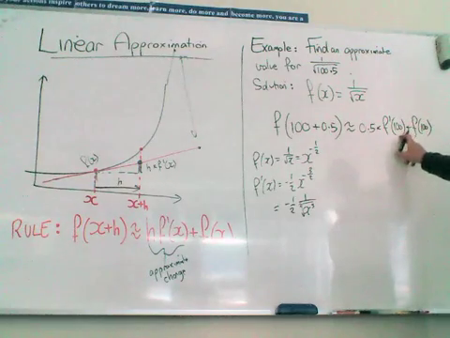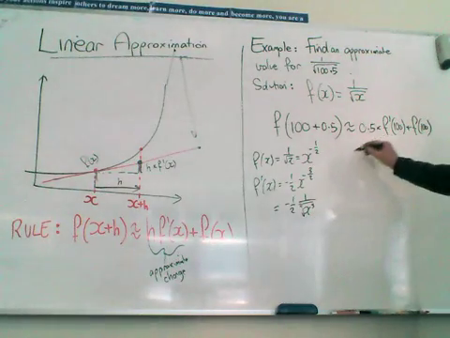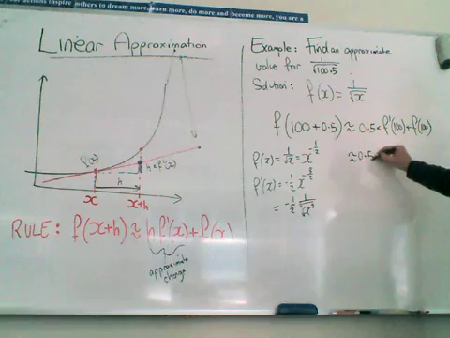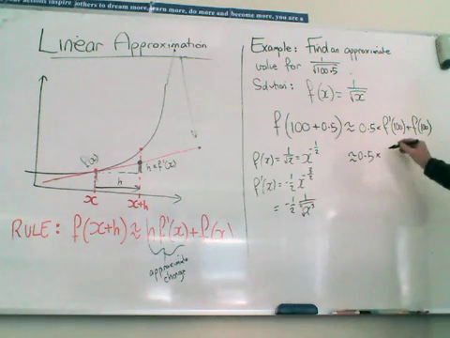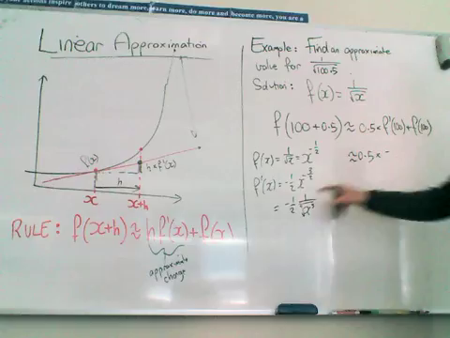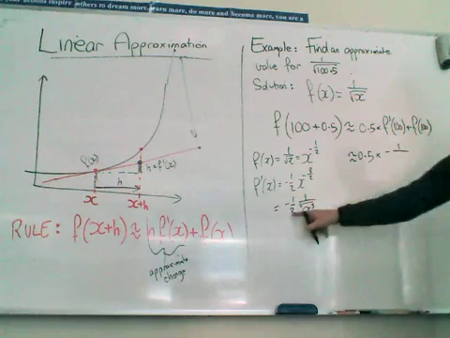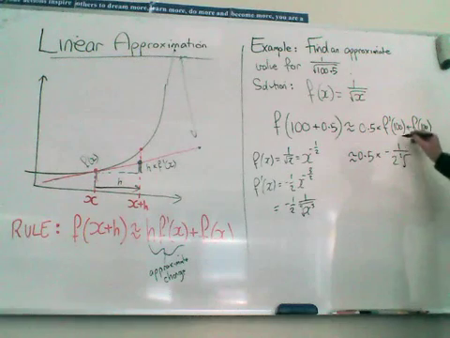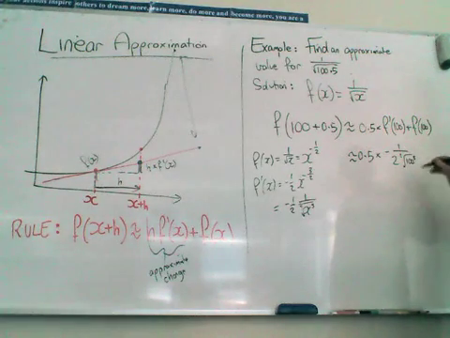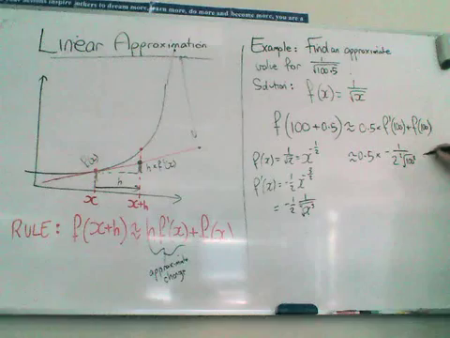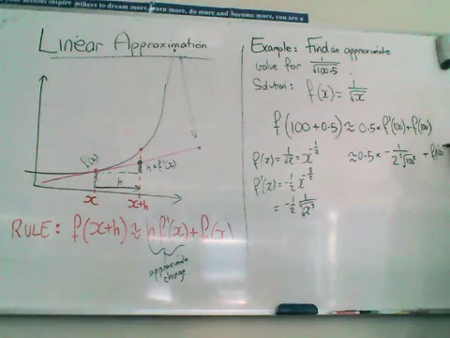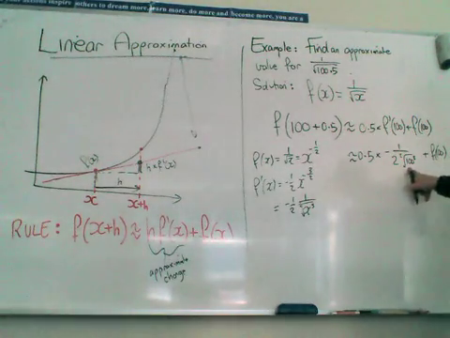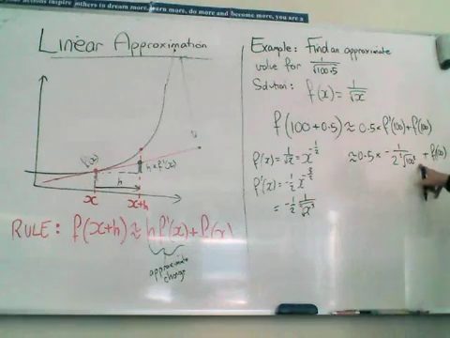We need to put 100 into there. So what we've got is 0.5 times minus 1 times 1 over 2 square root 100 cubed, plus f(100). What's square root 100 cubed?